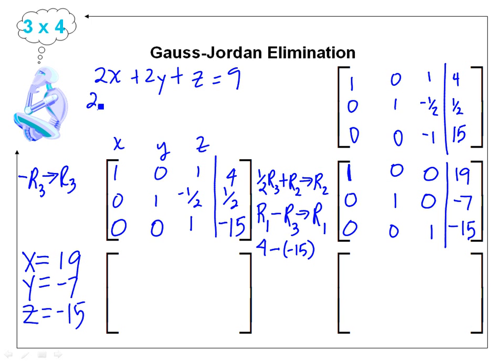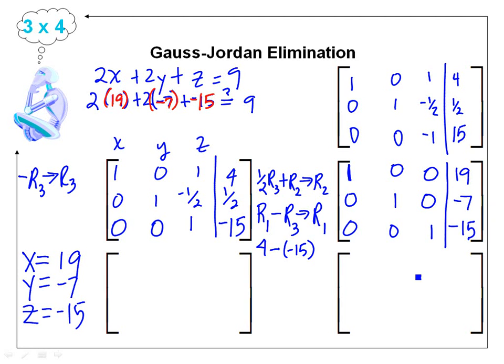So if I plug in, we said x equals 19, and we said y was negative 7, and we said z was negative 15. Well, does that equal 9? That's what you need to check for all 3 equations.